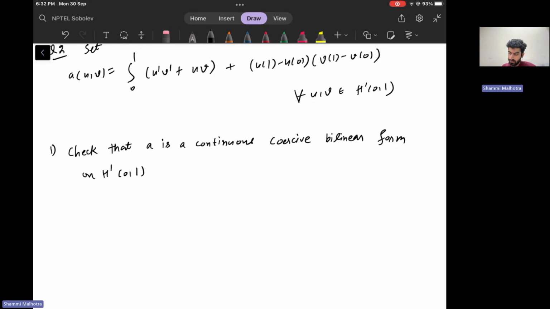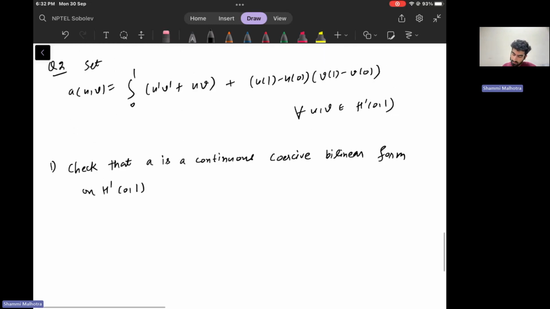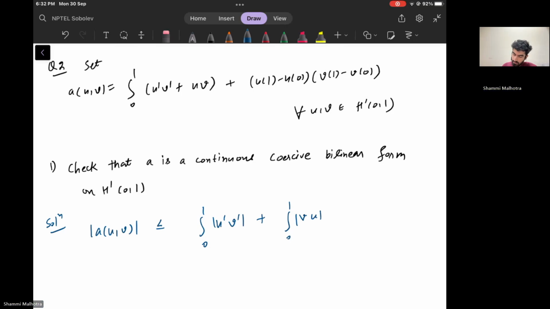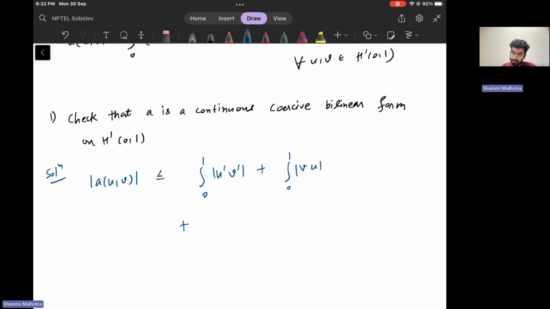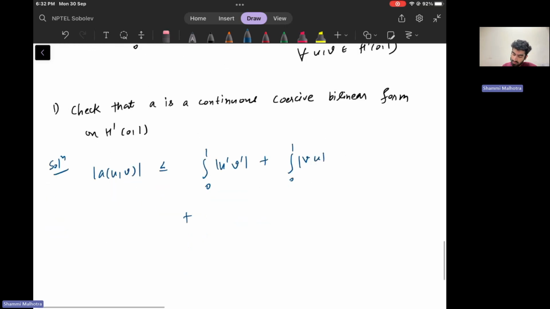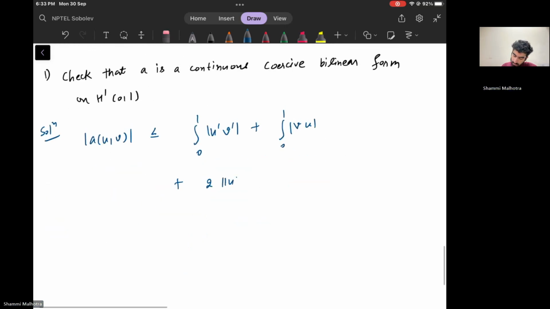So to prove A to be continuous, let us start. Consider the modulus of A(u, v), which is less than or equal to the integration from 0 to 1 of the modulus of u' v', plus the integration from 0 to 1 of the modulus of u v. And then the u(1) minus u(0) and v(1) minus v(0) terms can again be bounded above by twice the L infinity norm of u and twice the L infinity norm of v.